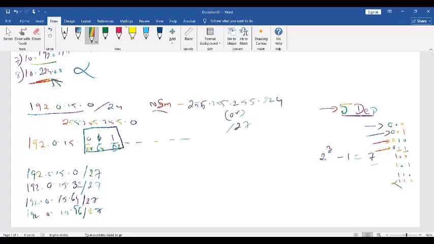Now what I want to tell you here is very important. In class C, the first IP you see is 192.0.15.1, but look at the broadcast. Broadcast will not be 255. The next network is 32, so the broadcast will be 192.0.15.31. So the broadcast is not 255, it is 31.